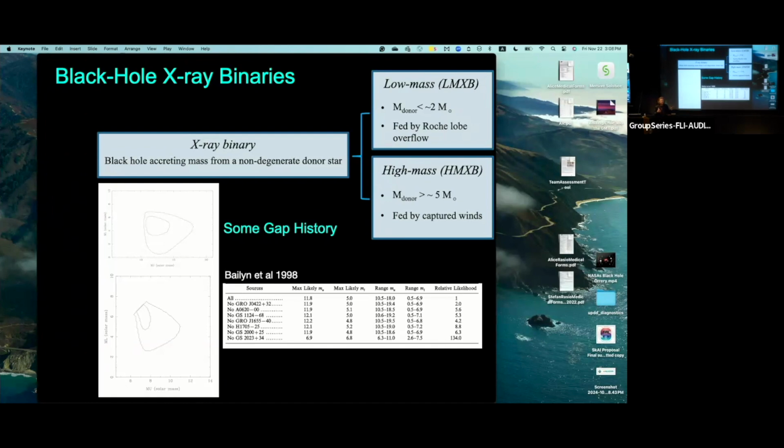And they were the first to point out, argue that the black hole mass spectrum of the time had missing low mass black holes. Now, as smart as I was back then, I met Charles on a job interview and I made fun of him.